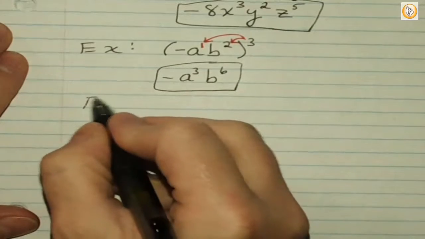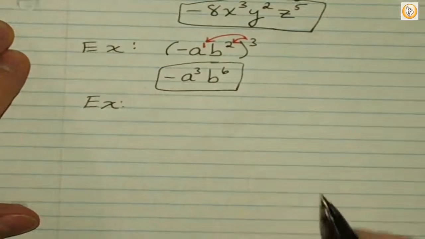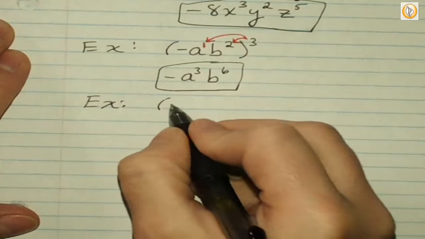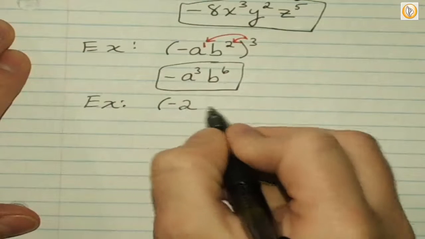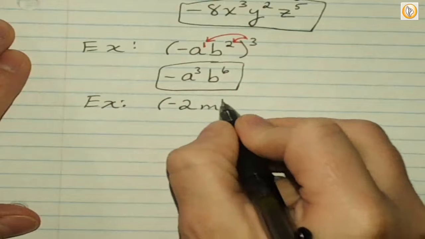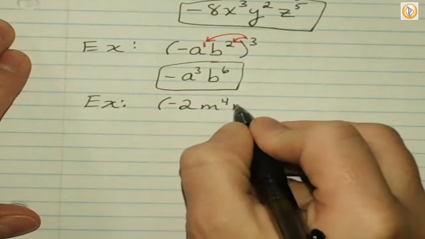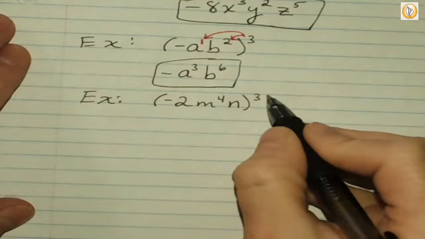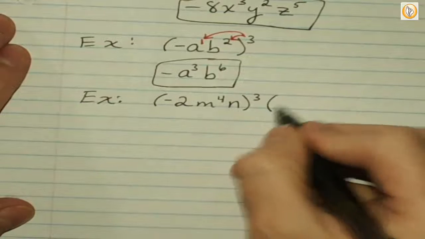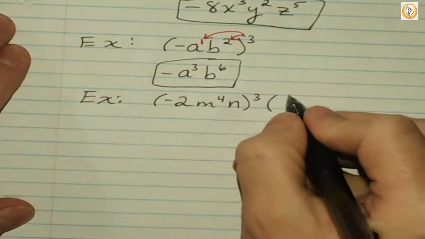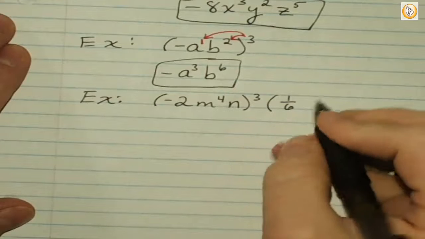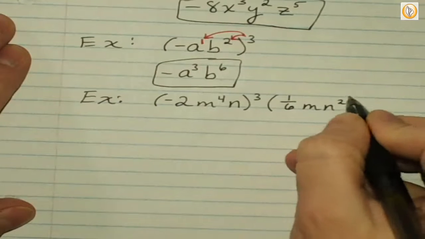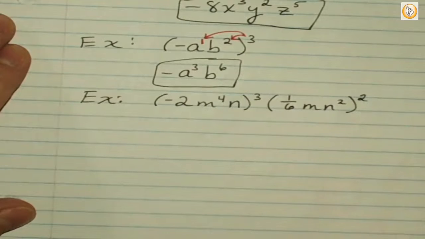Let's again take it up a notch. I have negative 2 m to the 4th power n to the 3rd, with the all to the 3rd power, times 1 over 6 m n to the 2nd power, all to the 2nd power.